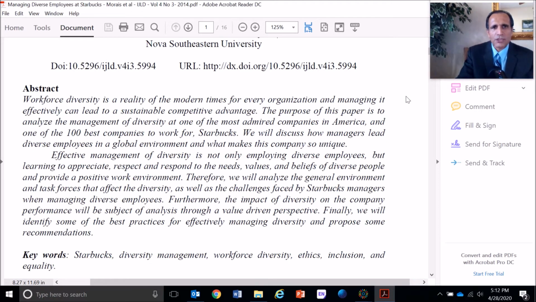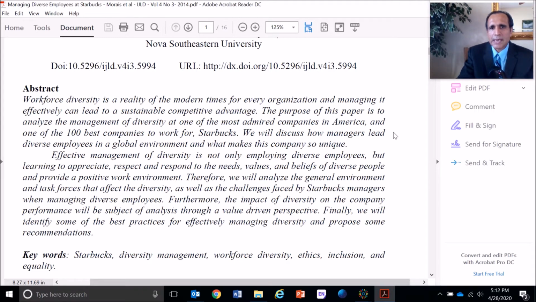So in this case, for this article, the abstract says workforce diversity is a reality of the modern times for every organization, and managing it effectively can lead to a sustainable competitive advantage. The purpose of this paper is to analyze the management of diversity at one of the most admired companies in America and one of the best 100 companies to work for, which is Starbucks.